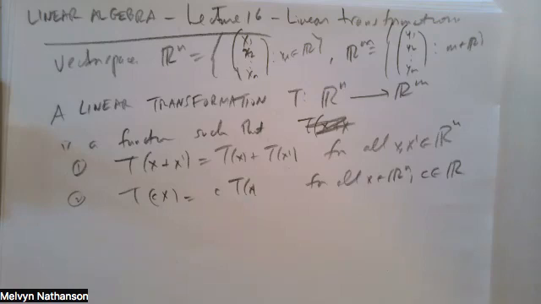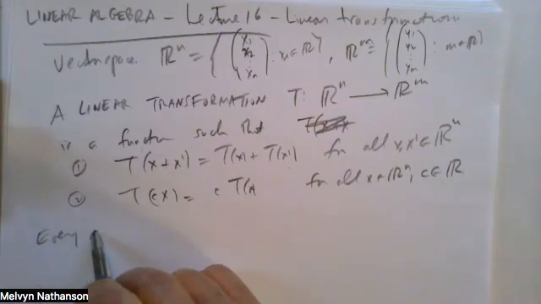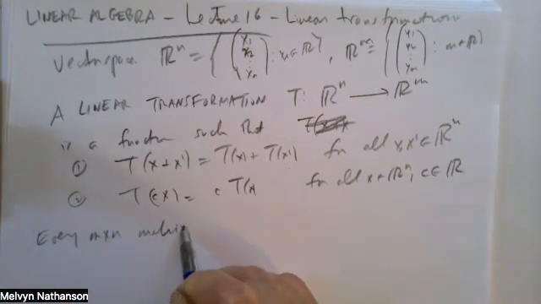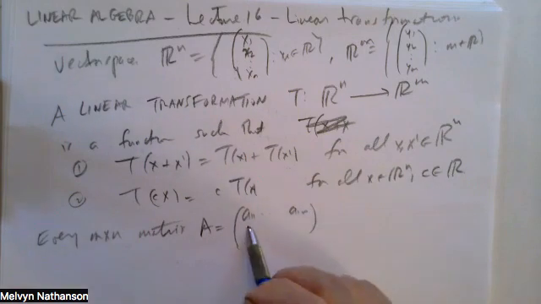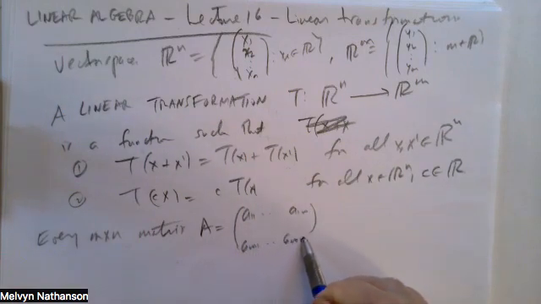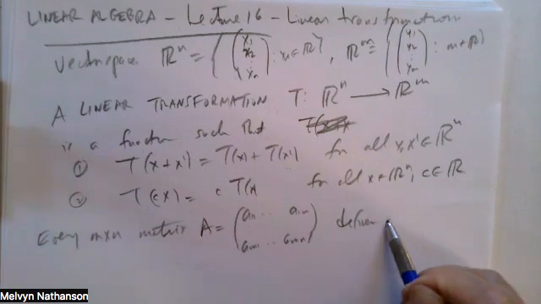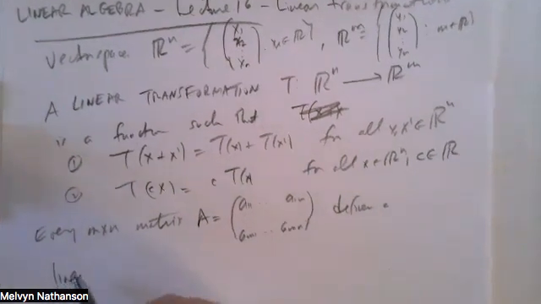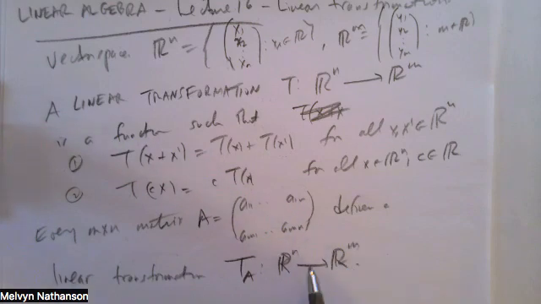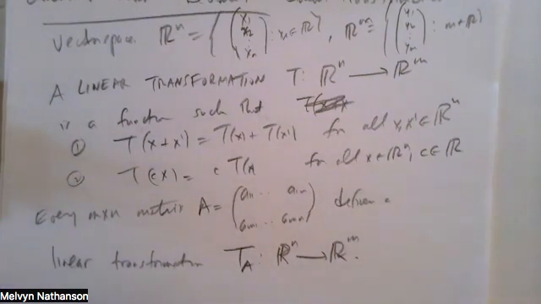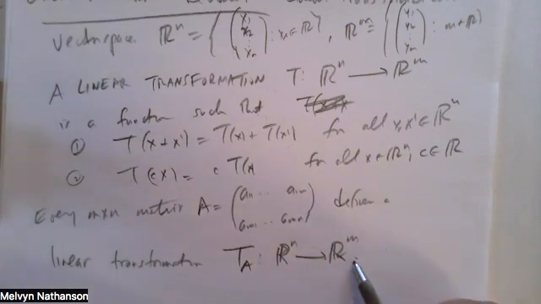And what's very important is that every m by n matrix A, with entries A11 to A1n, up to Am1 up to Amn, defines a linear transformation T sub A from Rn to Rm as follows.